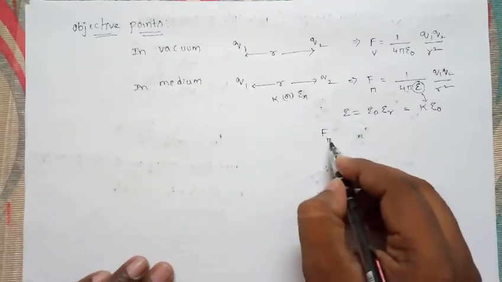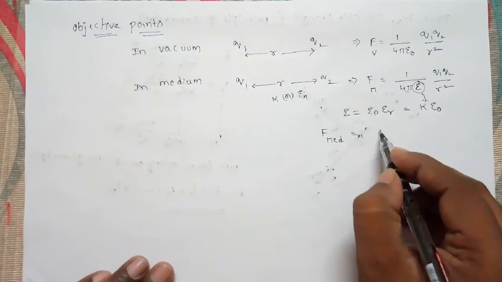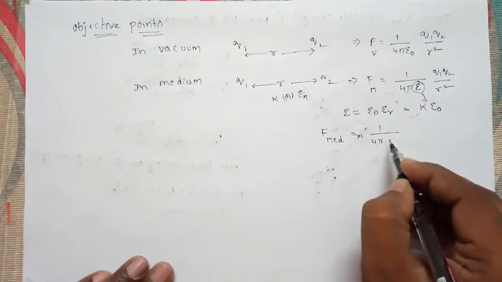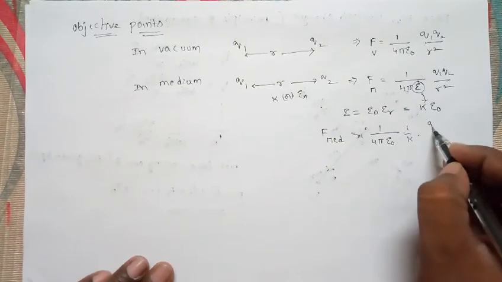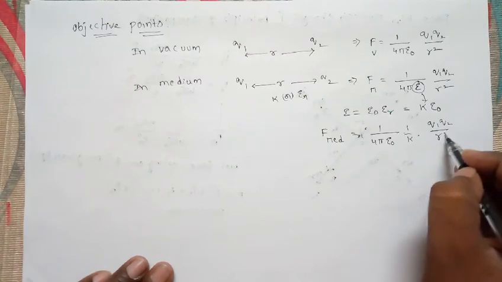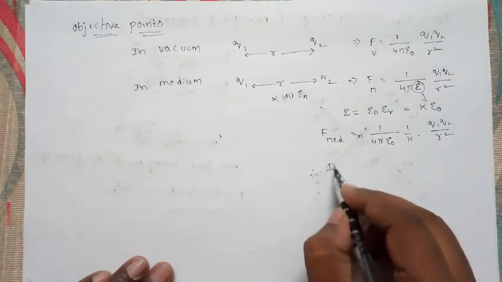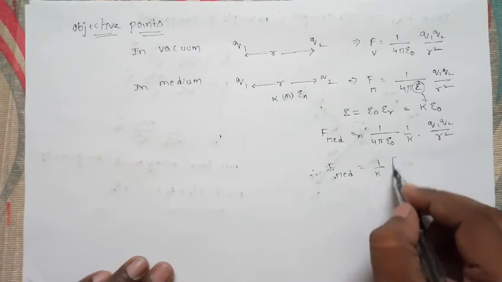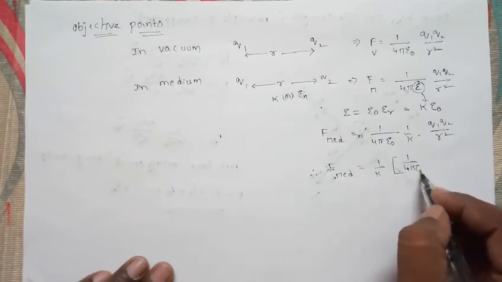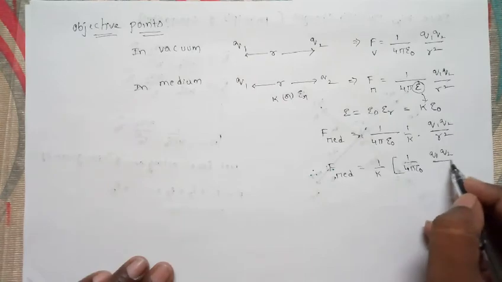Therefore the force in a medium is equal to 1 upon 4 pi epsilon naught into 1 by K into Q1 Q2 by R square. So F medium equals 1 by K into 1 upon 4 pi epsilon naught Q1 Q2 by R square.